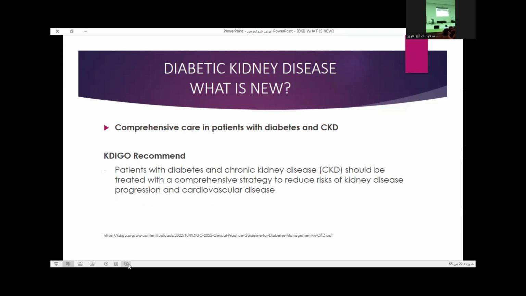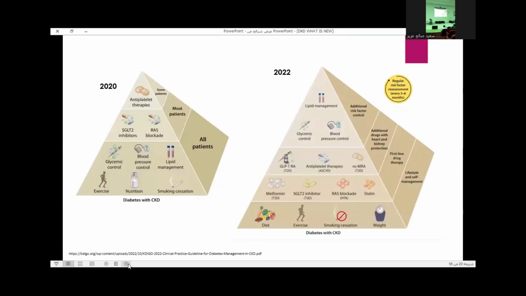So KDIGO recommended a comprehensive care aiming to reduce the risk and the progression of kidney disease and cardiovascular disease. So between 2020 and 2022, we can notice a lot of change going on.